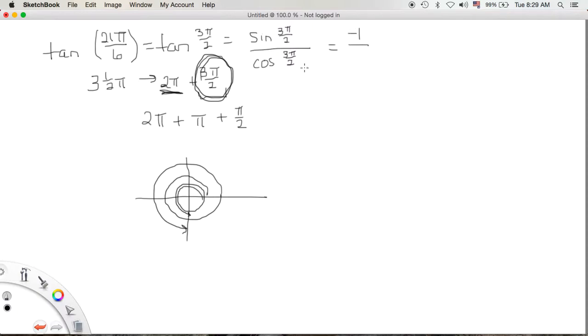It's -1, and the cosine of 3 pi over 2 is 0. Of course, this causes us a problem, which means that this is undefined. When we look at the tangent function, you'll see that it has vertical asymptotes at places where the cosine is equal to 0, and you'll have some places that are undefined for the tangent and the cotangent.